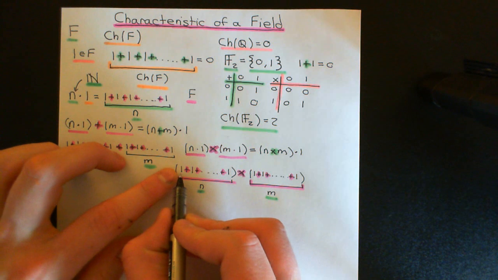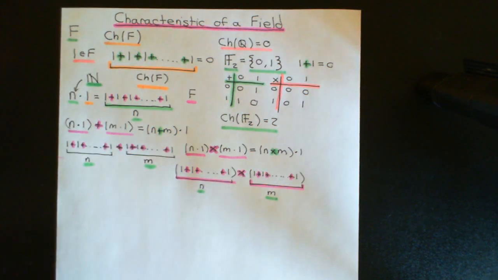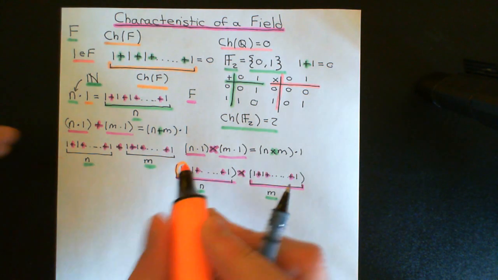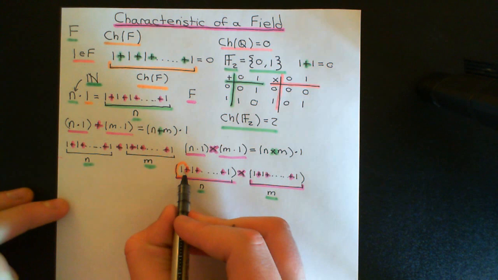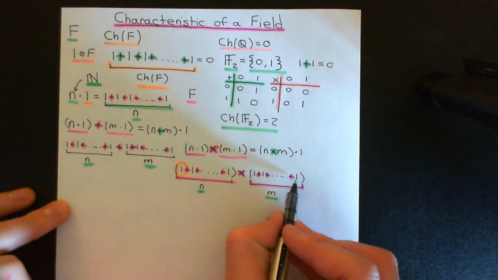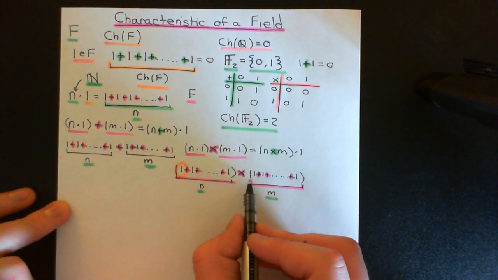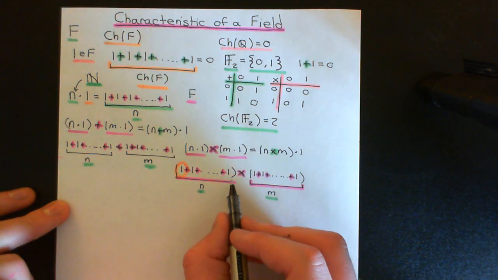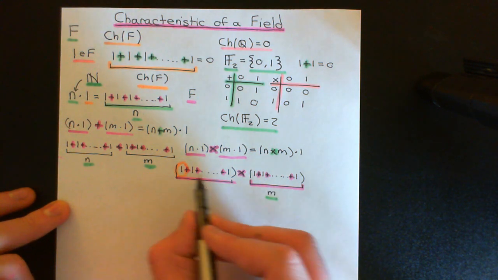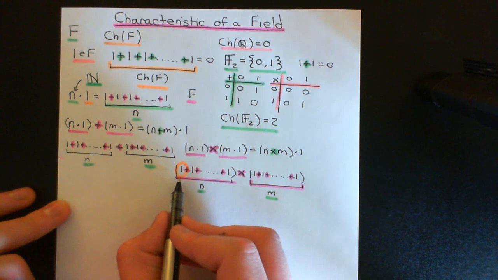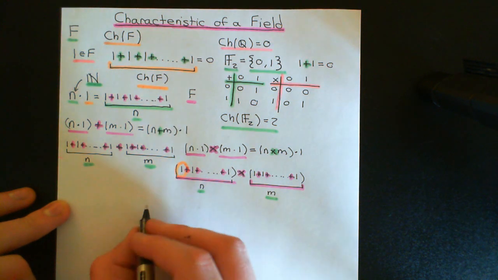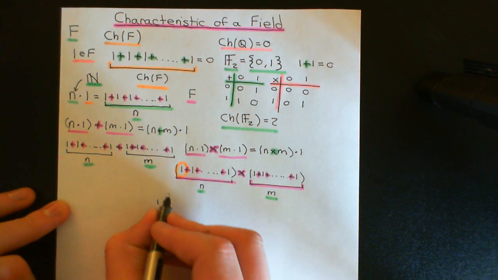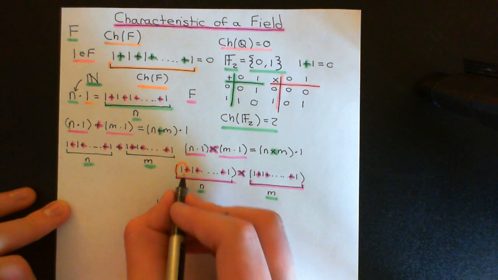If we now just do this bit by bit, let's consider this one here. It will end up multiplying with every single one of the ones that we've got here, and you'll get 1s being added together for every single one of those multiplications. So how many will you overall get from this one? You'll get m 1s from that one, so this one will end up having m 1s being added together in the overall answer just for it.